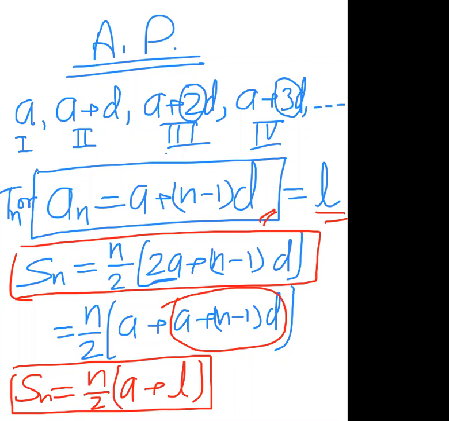Then in some of the cases, we have seen the teacher used to ask you to find the nth term from the end. Now see, this is an AP: 2, 4, 6, 8, 10.